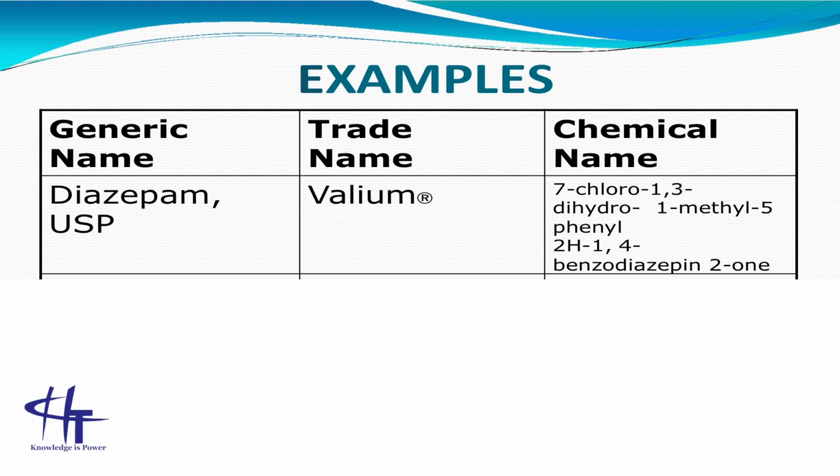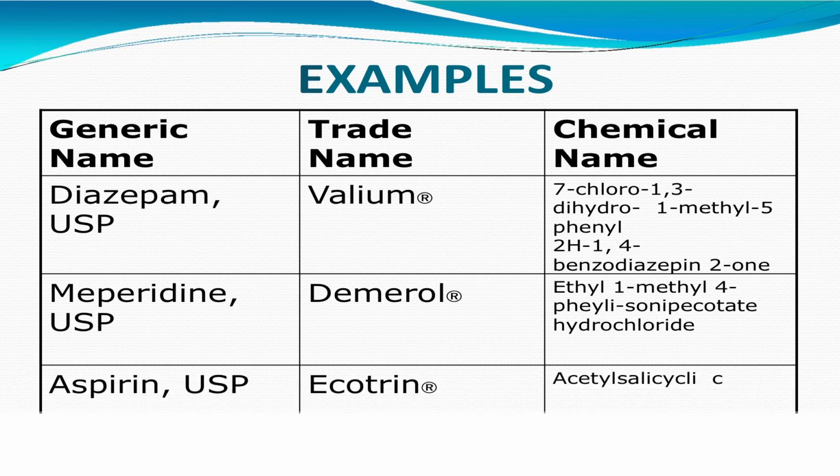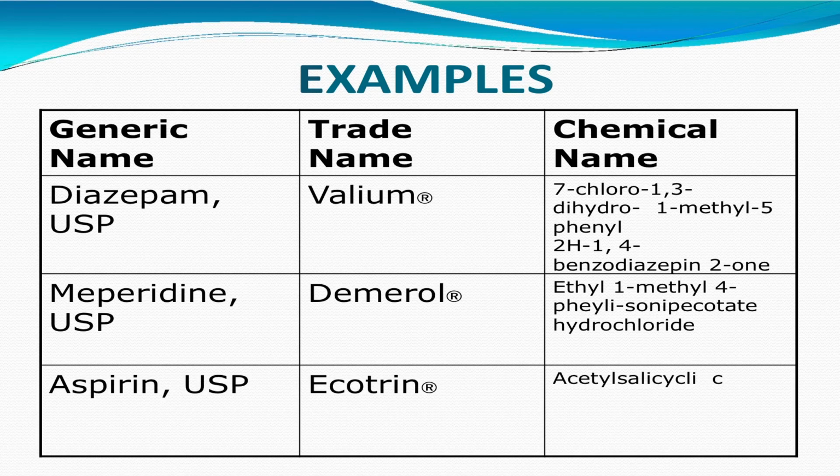The other example is meperidine. That's a generic name, and it is referred to as Demerol by one of the manufacturers, with a chemical name of ethyl-1-methyl-4-phenylpiperidine-4-carboxylate hydrochloride. So that is its chemical name. And then lastly, aspirin is the generic name.